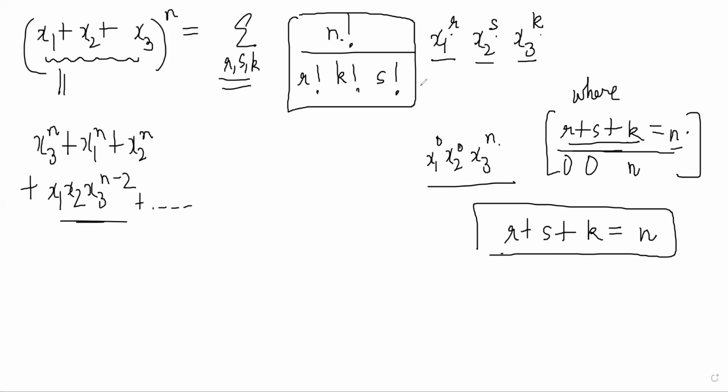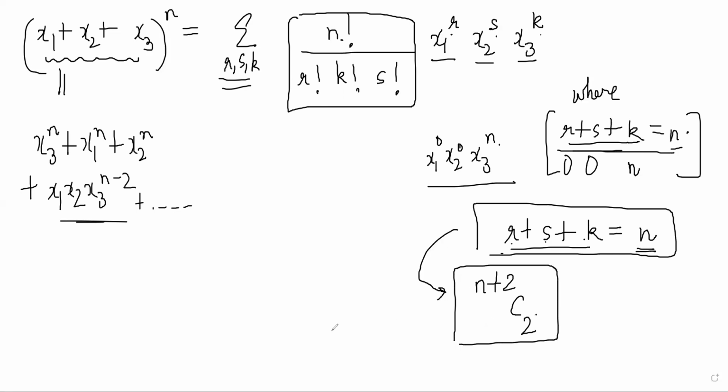For now, I will just tell you the answer. There are three different variables which have to add up to n. In that case, the answer will be n plus 2 c 2. We will learn the explanation of that in the next chapter.